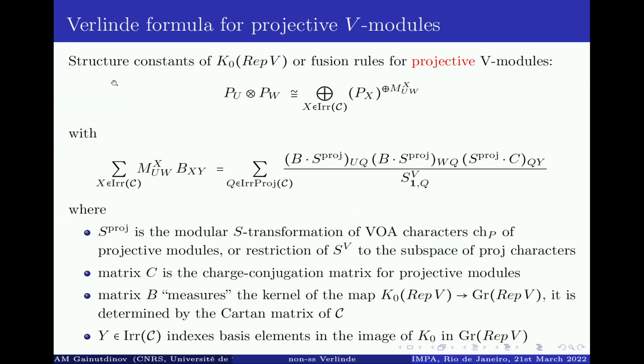It should satisfy this equation, which is indeed like the Verlinde equation. In many examples, like in symplectic fermions, this equation is enough to calculate M_UWX. This is how close we can get to the classical Verlinde formula. In a sense, projective covers are analogs of irreducibles.